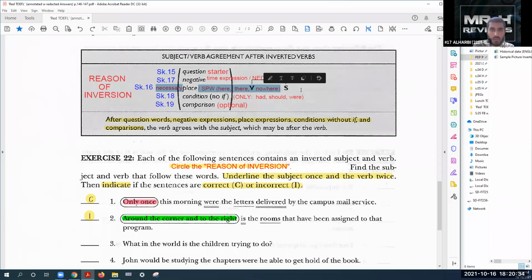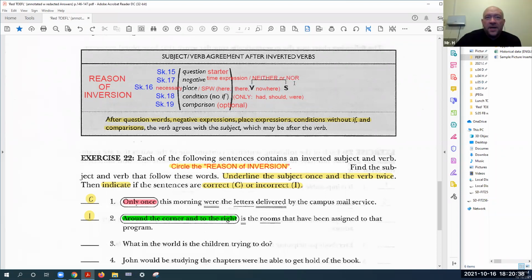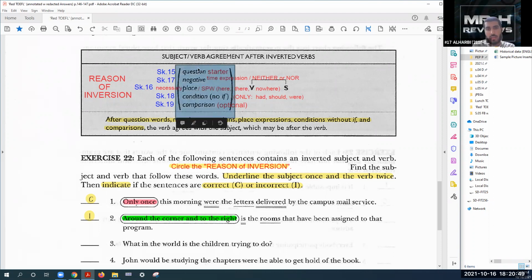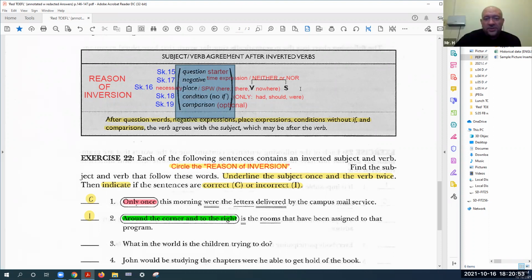S is for what? Oh, anyone. This is just the formula. The name of it. The formula is we have what comes first, the reason, right here. Then after the reason, we invert. Do you understand? Here, the reason comes first, then the verb, and then the subject.